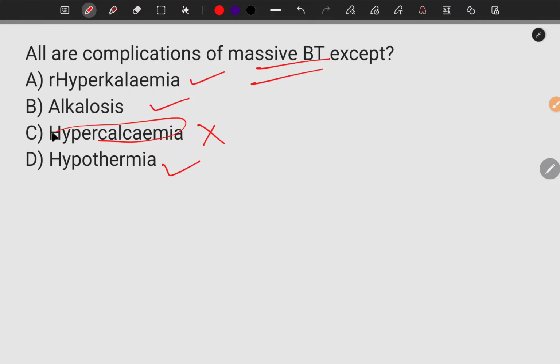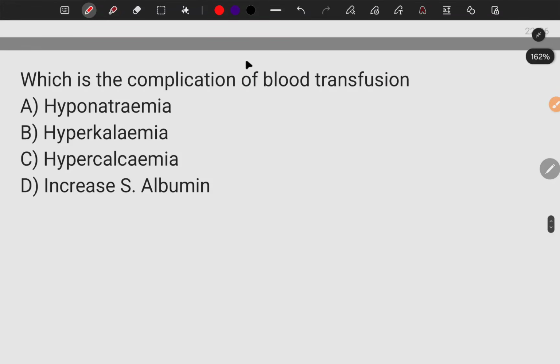So this is the except. Due to rapid or massive transfusion, the citrate present in the blood chelates the calcium, which may result in hypocalcemia. Which complication of blood transfusion? Hyponatremia, hyperkalemia, yes. Hypercalcemia, increased serum albumin, no. So this is the right option.